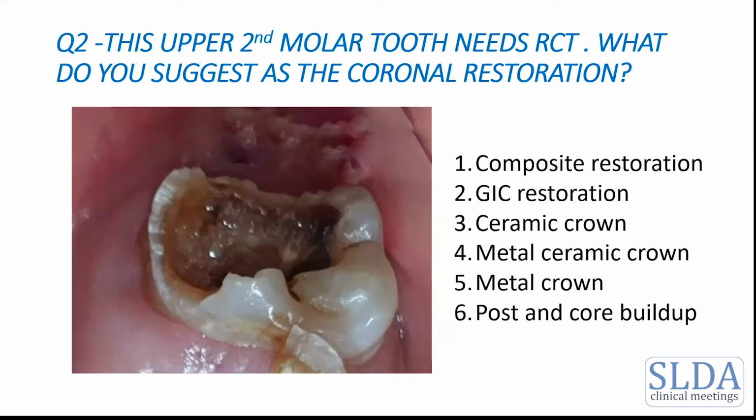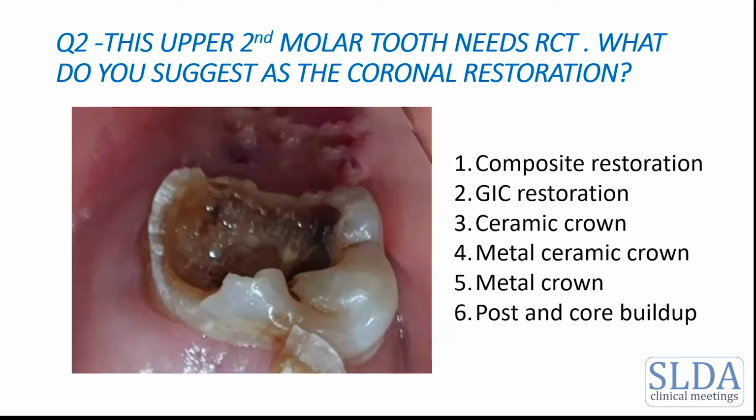So I would like to go ahead with a metal crown for this tooth rather than a post and core build-up alone. Post placement in a molar nowadays is not that recommended. I will discuss it in a further slide.